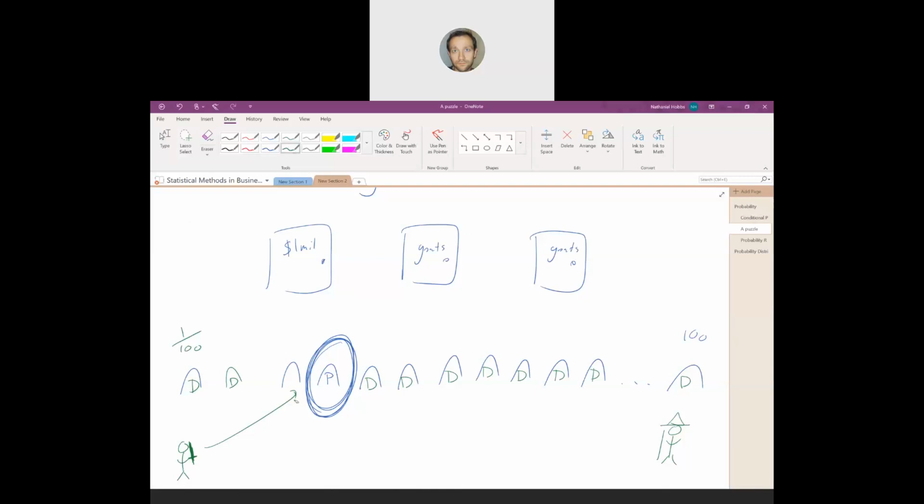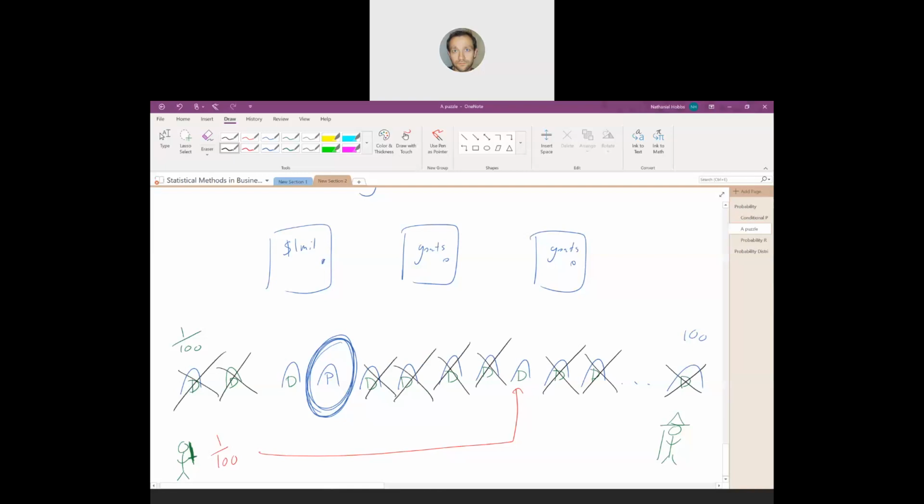Here, if there's 100 doors, then the knight has a 1 in 100 chance of choosing correctly. Maybe he chooses that door, because whatever. He's correct here. 1 out of 100. Great. Now, the wizard is going to be opening up all of these and showing him that there's dragons inside.